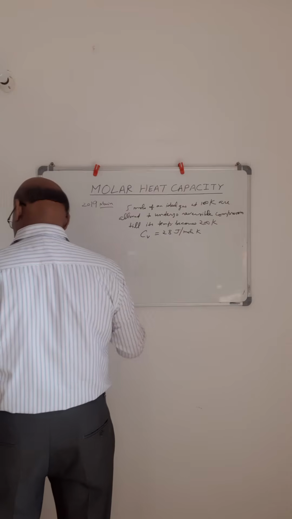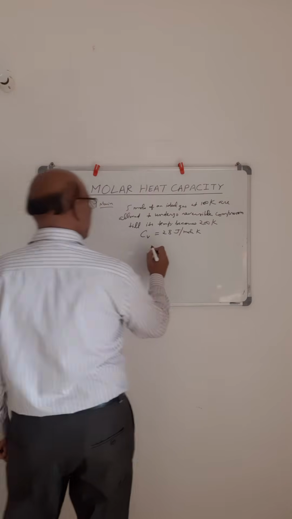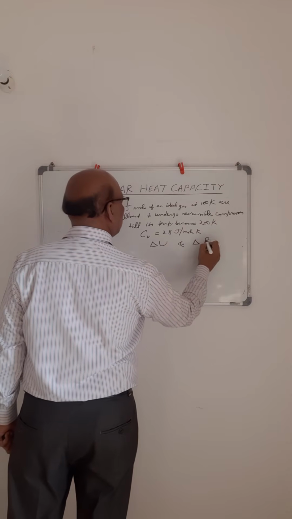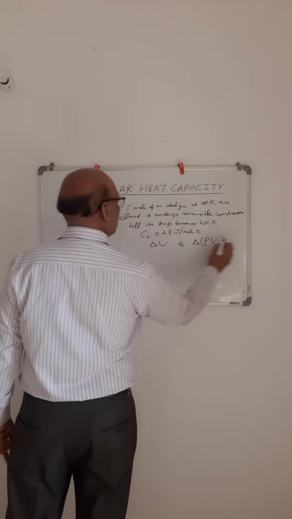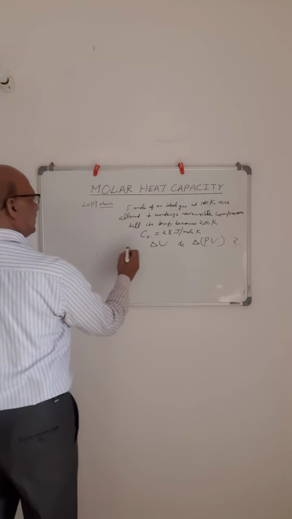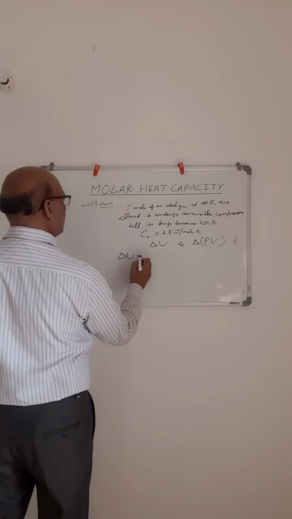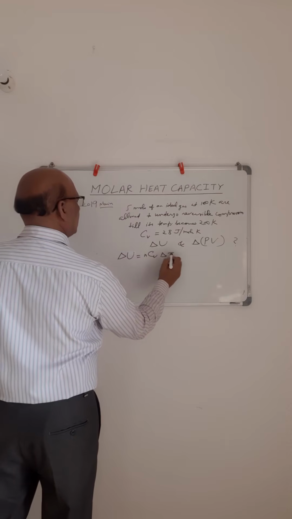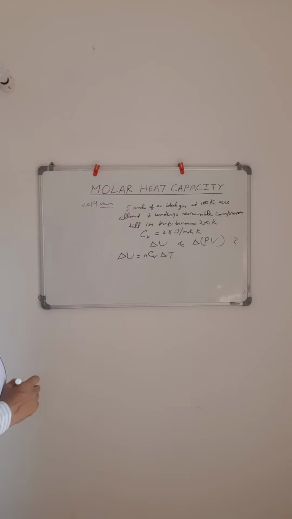What we have to find out is we have to calculate delta U and delta PV. These two things we have to find out. So first we will write the equation for delta U. It was nothing but n Cv delta T. This was the general formula.